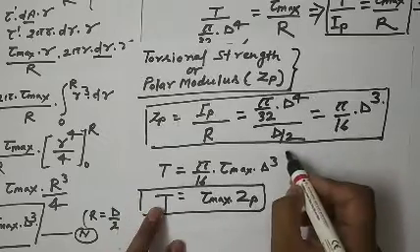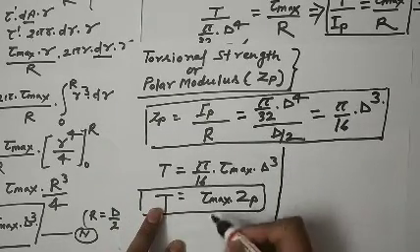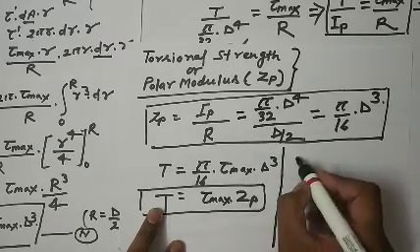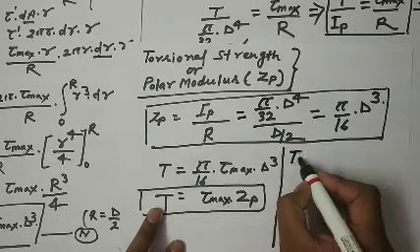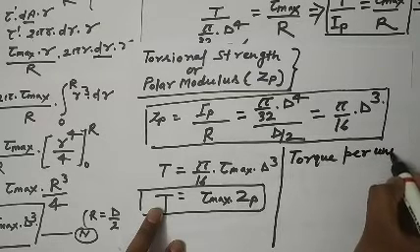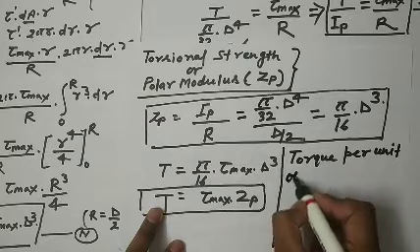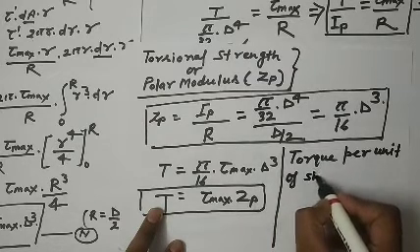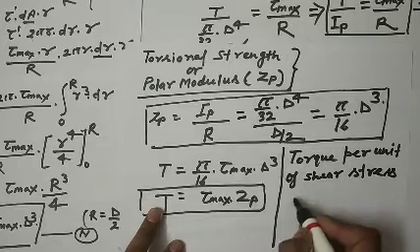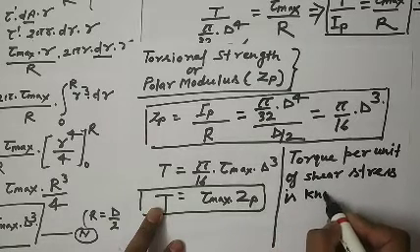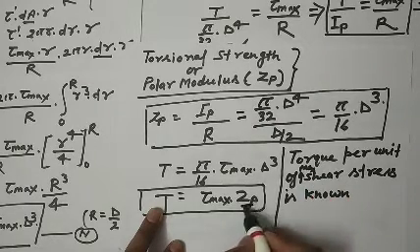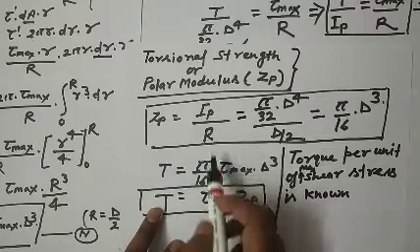ZP can be defined as, if we consider tau max as unit, then torque per unit of shear stress is known as torsional strength. This should always be the maximum shear stress, because ZP always deals with radius R, and at radius R tau is maximum.